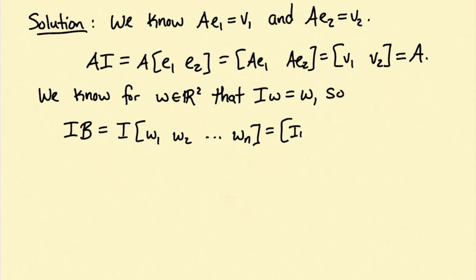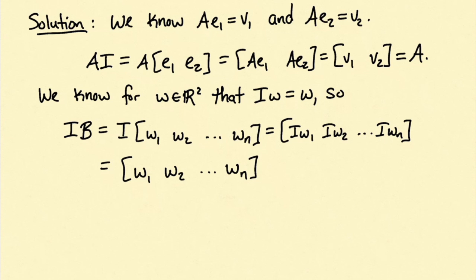The product of these two matrices is defined to be the matrix with columns IW1, IW2, down to IWn. Since B is a 2 by n matrix, each of the vectors Wi is a two-dimensional vector. That means I times any of these w's is just w. And this, in fact, is the matrix B.